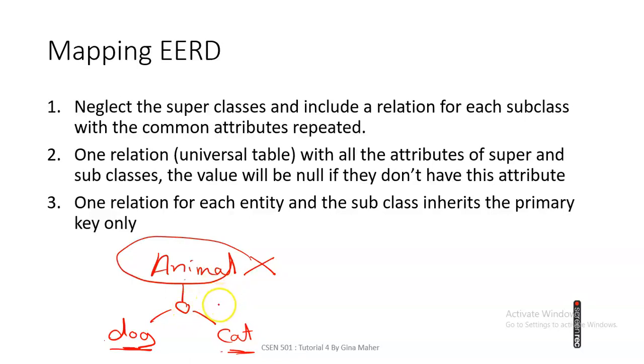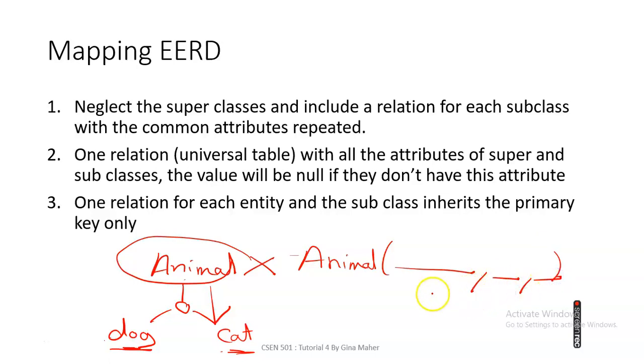Another approach to map the EERD is to make one universal table with all the attributes of the super and subclasses, and the values will be null if they don't have these attributes. For example, make a relation called animal and put here the attributes of the animal plus the attributes of the dog plus the attributes of the cat.